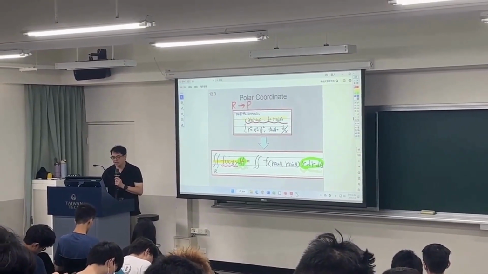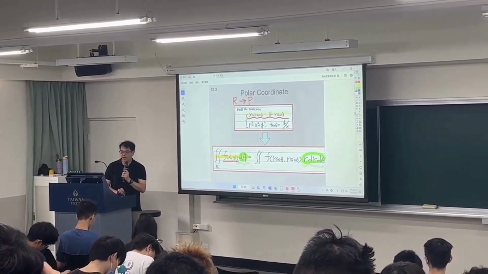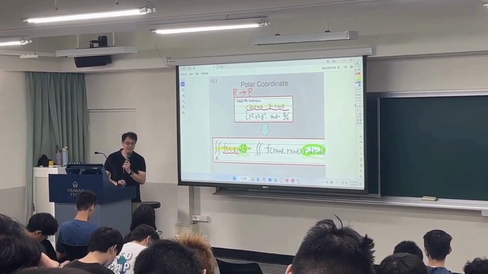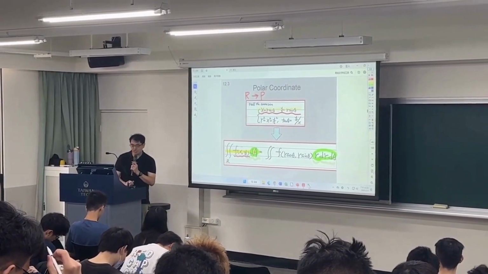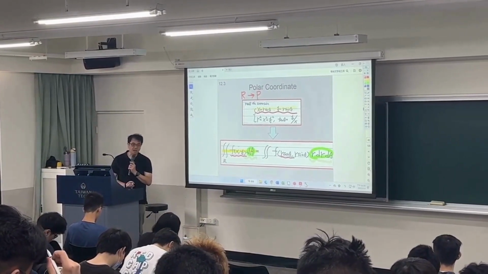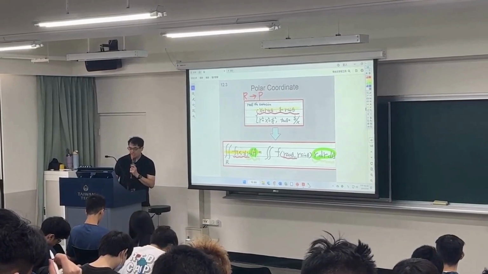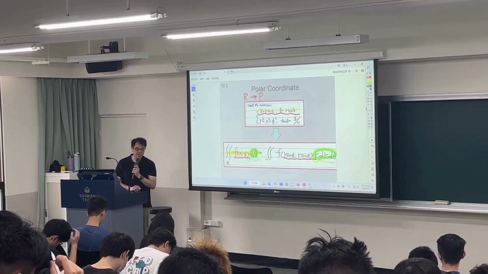you need to substitute x as r times cosine of theta. y should be substituted as r times sine of theta. So therefore, in the original integral, your x should be changed to r times cosine of theta, and your y should be changed to r times sine of theta.